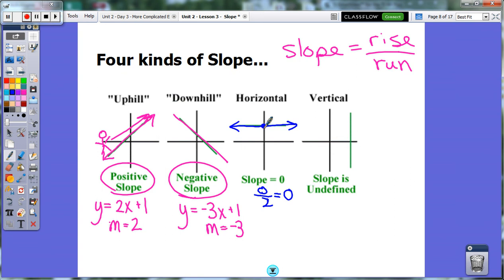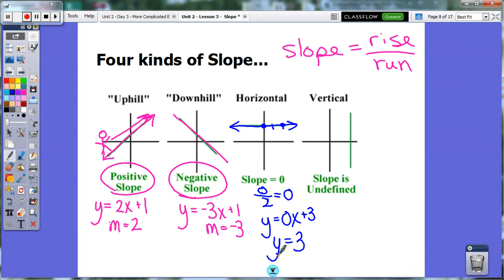Well guys, if I'm here and I rise 0, I'm not going to go up anywhere. But I would go over 2 and make my next dot, and it's going to be a horizontal line. So that would look like y is equal to 0x plus maybe 3. But guys, 0 times x, we don't usually write that down. 0 times anything is 0. So lines that are going to have a 0 slope are going to look like just y equals a number.